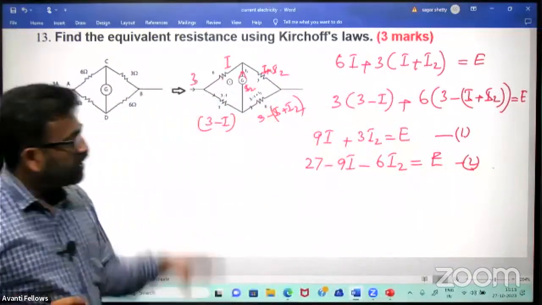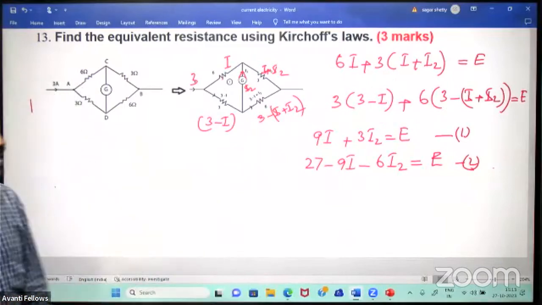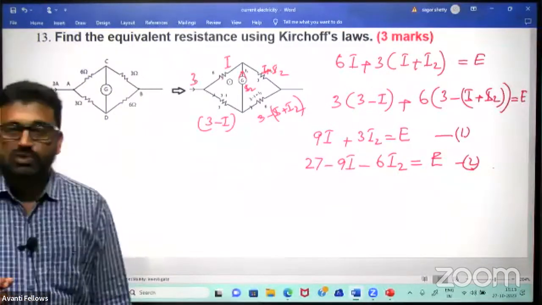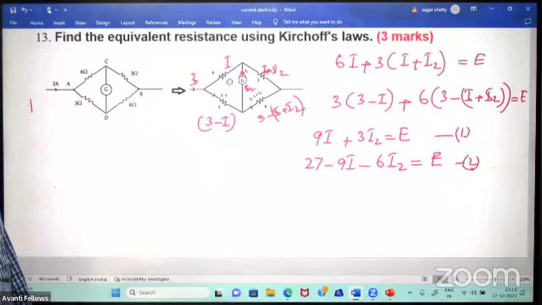Very slowly I am going. I want to convince you how we are getting these equations and how we can solve these questions related to Kirchhoff's laws.